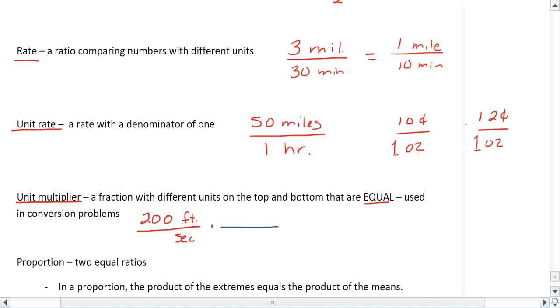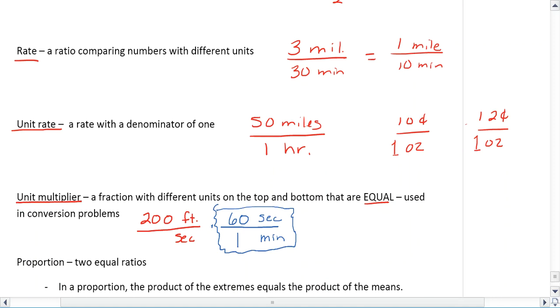If we want to change this to feet per minute, we want the seconds to go away. So we put seconds in the numerator because it's in the denominator in the original. And if we want to get to minutes in feet per minute, we'll put the minutes down here. And then this is the equivalent: 1 minute is equal to 60 seconds. So this multiplier that I wrote in blue is the unit multiplier.